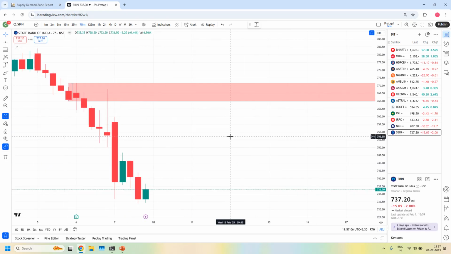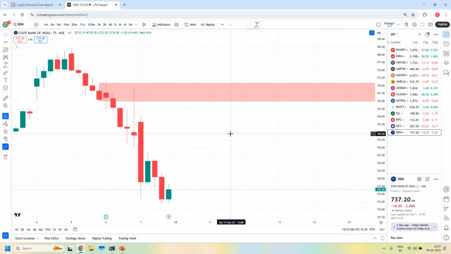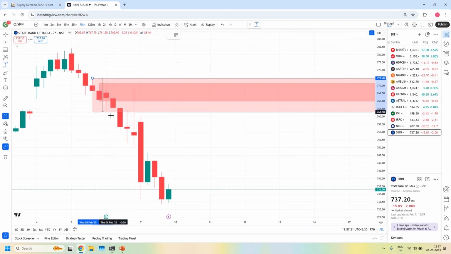This is also the same: we have a drop candle, 1, 2, 3, 4 base candles and a drop candle. So inside this 75-minute zone we have this 15-minute zone, and the 15-minute zone is already tested, and see how it pushed the market down.